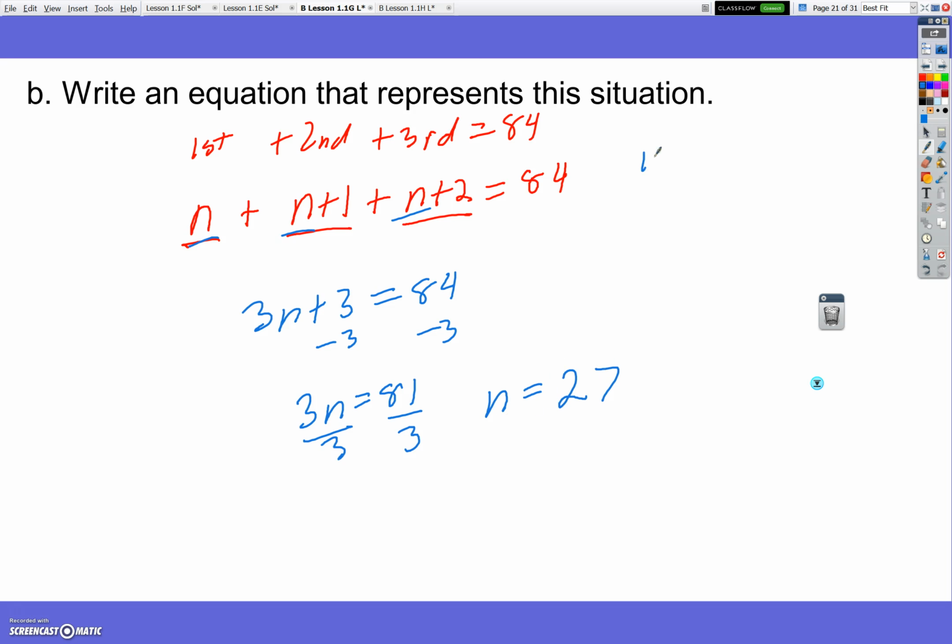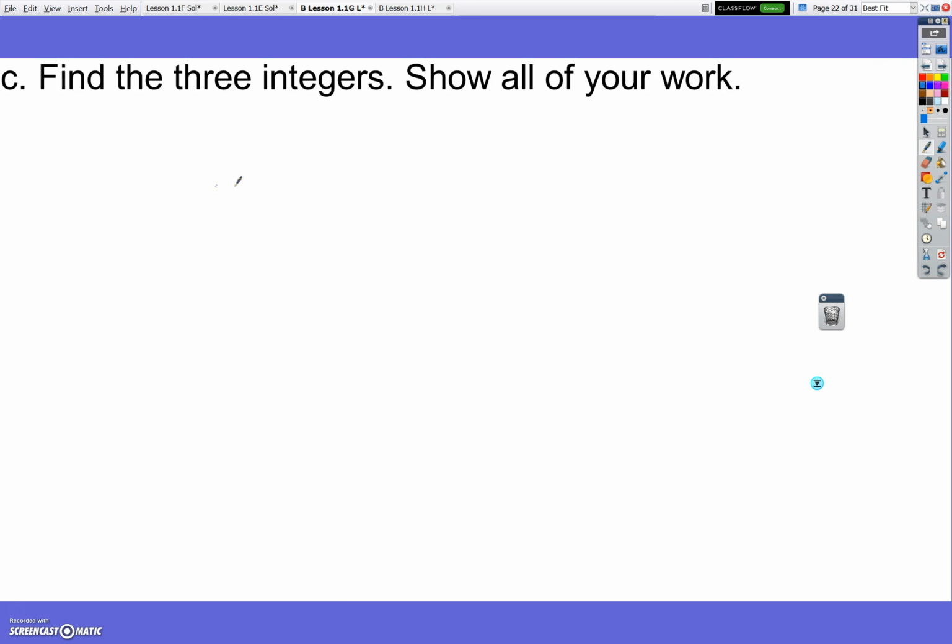If my first number is 27, the consecutive one means my second one is 1 greater, which is 28, and my third is 29. And this is part C. So in part C, what were your 3 integers? 27, 28, and 29.